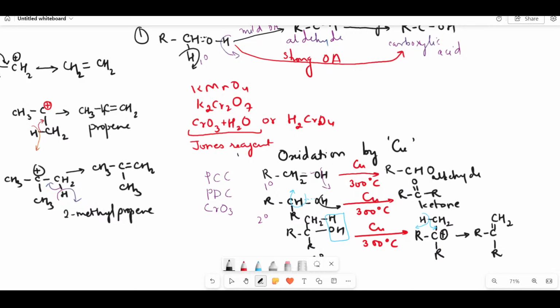And I get the formation of an alkene. I cannot show this kind of step over here properly because this is CH3, so I cannot go up to this step. Here itself, when this hydrogen is leaving, a partial double bond is formed. So directly this double bond will be formed.